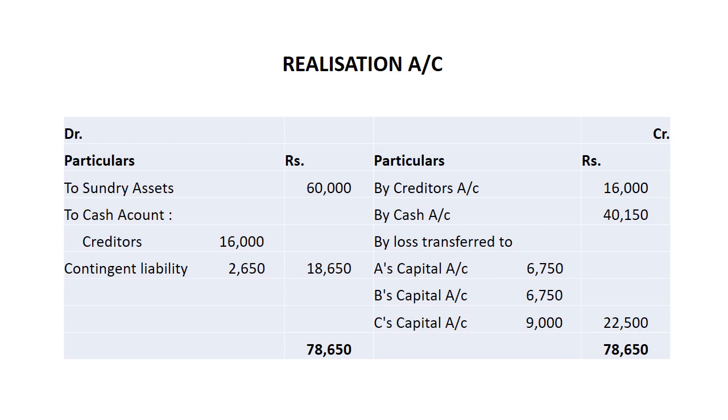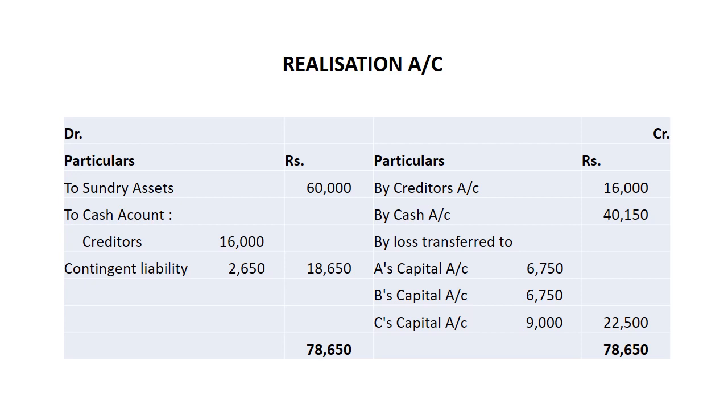Profits and gains are supposed to be written on the credit side. To sundry assets 60,000, amount shifted from the balance sheet to the realization account. By creditors 16,000, this amount has also been transferred from the balance sheet to the realization account.